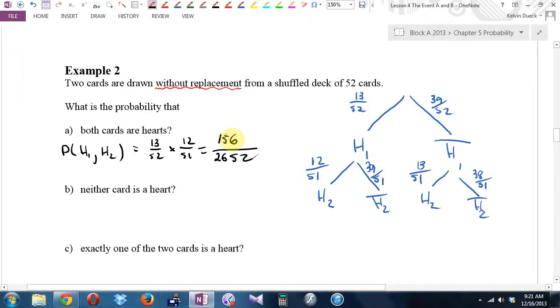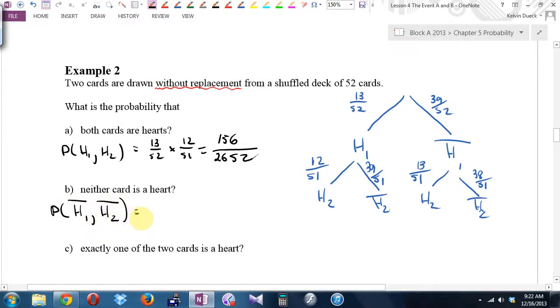Connor, what's B asking me to find? Neither card is a heart. Which two events is that? Kayvon, what? Not H1 followed by? It's the far right-hand branch. Yes? In our notation, we would write it like this: H1 not, comma, H2 not.